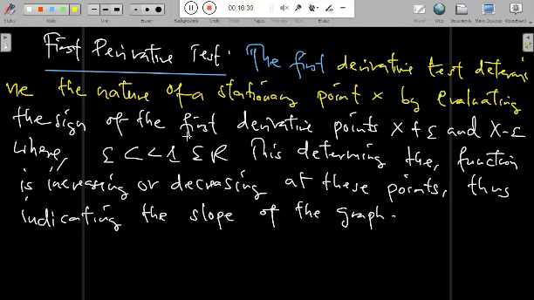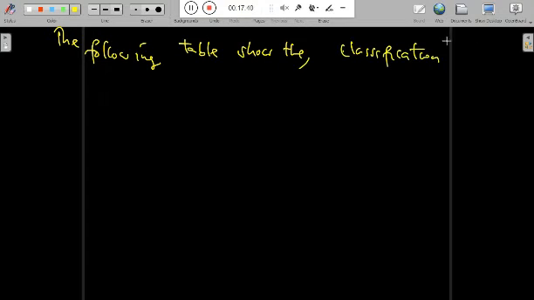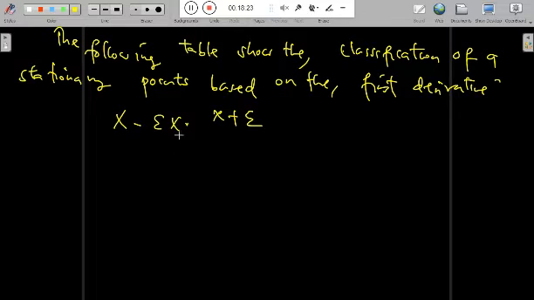If the first order derivative dy over dx is greater than 0 at point x, the function is increasing at x. If dy over dx is less than 0 at point x, the function is decreasing at x. The following table shows the classification of stationary points based on the first derivative test.